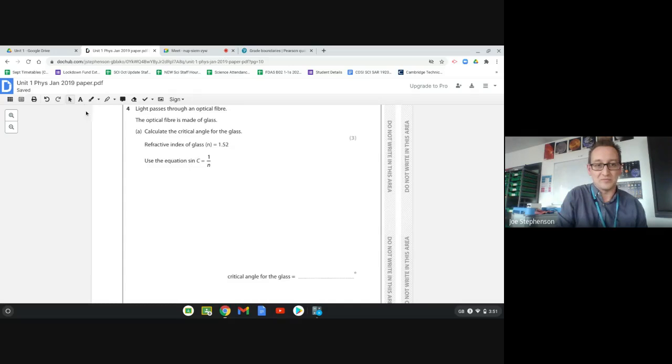Now, what you need to remember is you can't use this base formula in its base form. What you've got to do is take that sine and stick it over here. So that makes it C is equal to sine to the -1 of 1 over n.